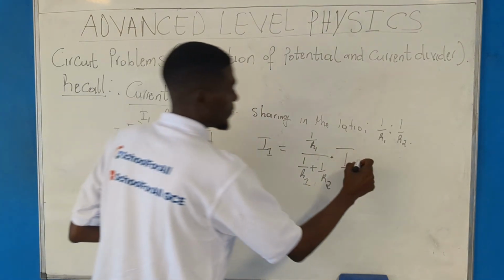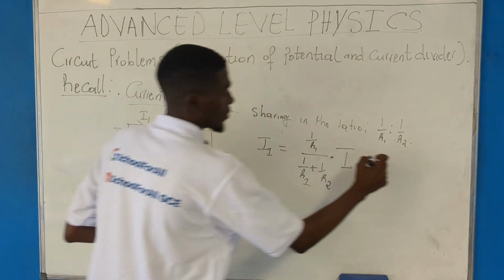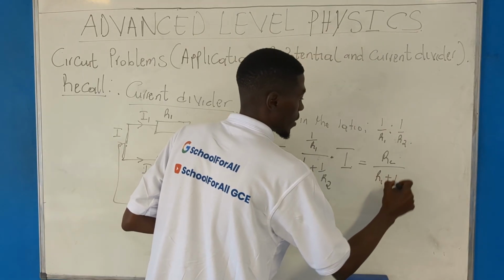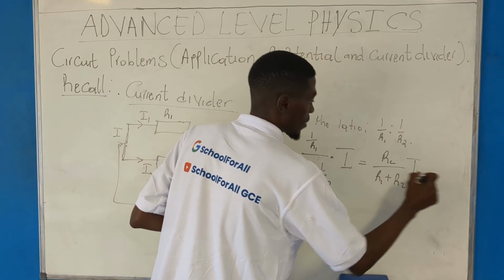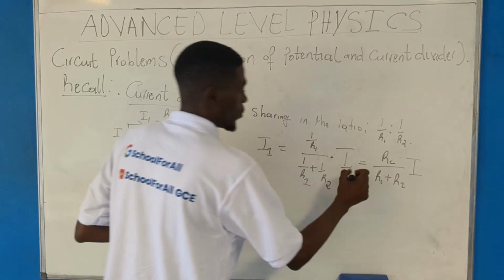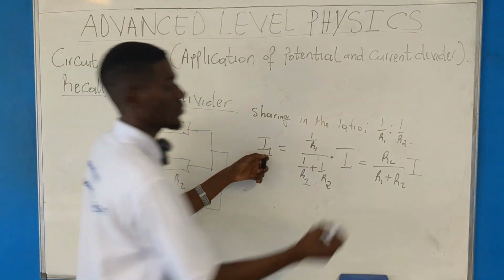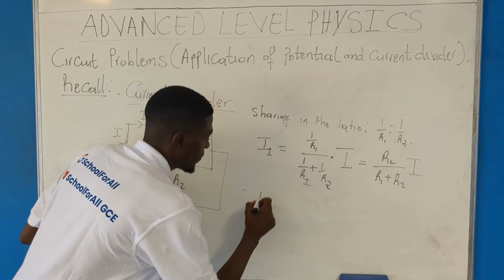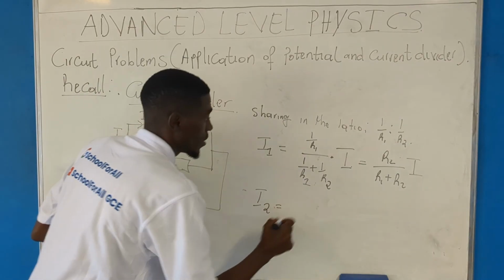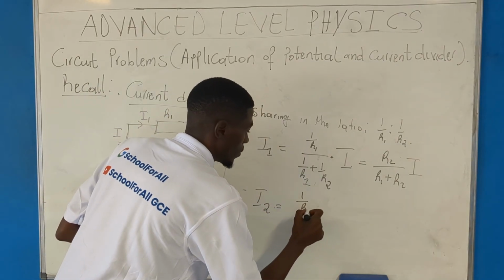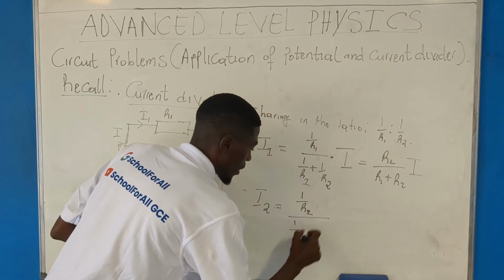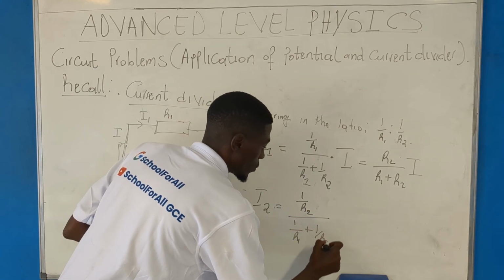By simplification, you will see that the R2 will go up, and then we'll have R1 plus R2. So you can cram it like that directly. So if I'm looking for I1, I will start with R2 because we are having parallel connection. And if I'm looking for I2, I'll have 1 all over R2 all over 1 all over R1 plus 1 all over R2.